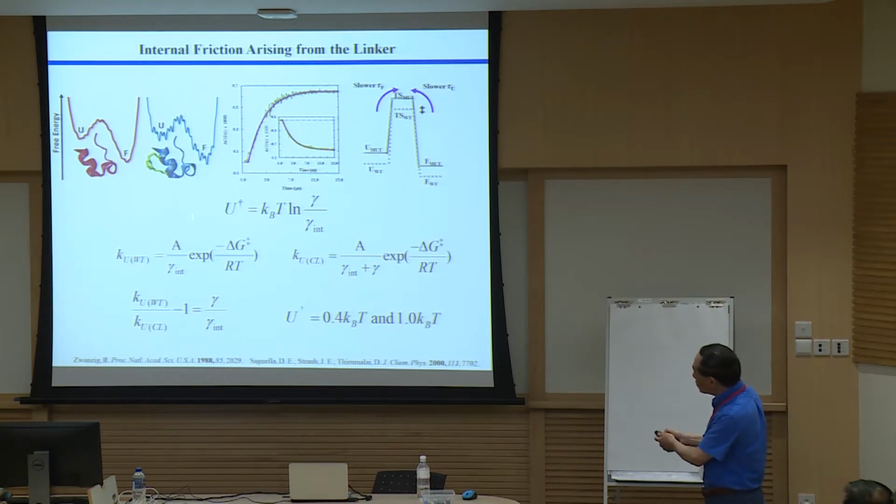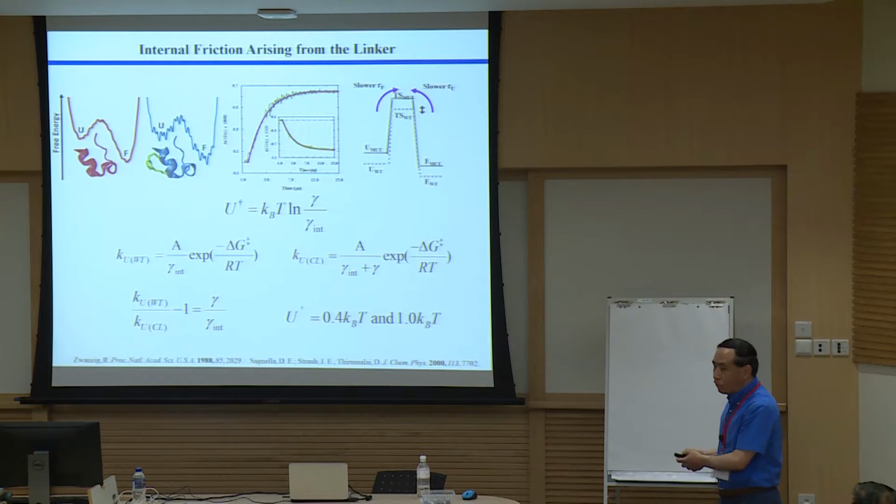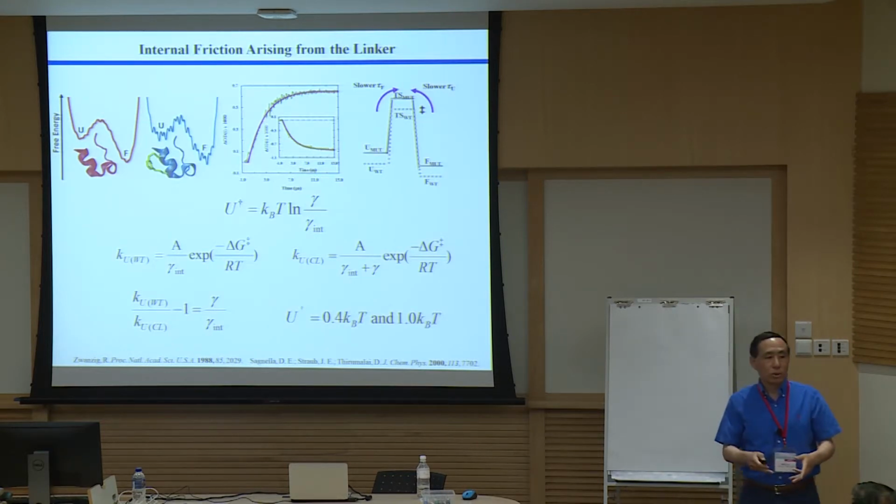So the basic idea is that the roughness in an average sense can be determined by the internal conformational roughness or the friction of the motion along this potential. This one is due to the friction introduced by the solvent.